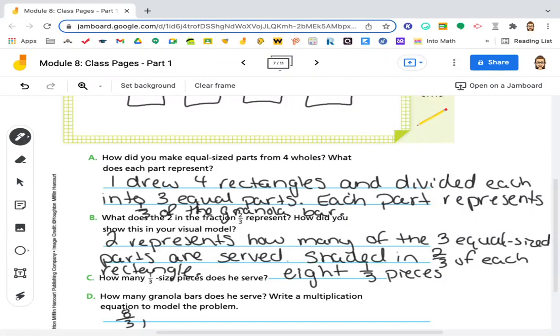So our multiplication problem would be 2/3 times 4 equals 8/3, which would equal 2 and 2/3, because 3 goes into 8 two times with 2 left over. And then we go to the last page.